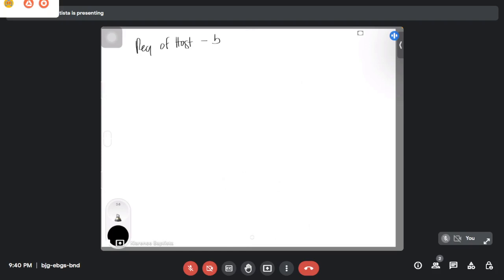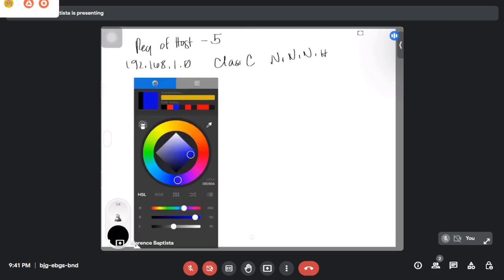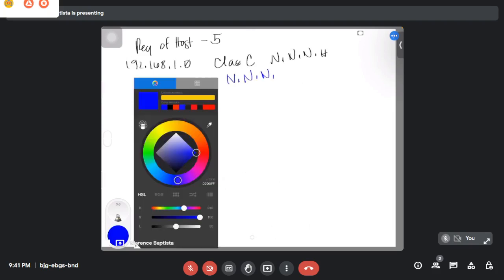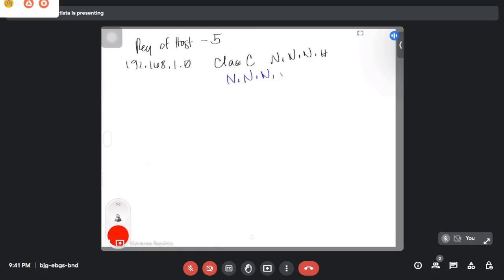So, halimbawa, IP address is 192.168. Same na lang din, .1.0. So, dito, this is class C, which is network.network.network.host. So, kung i-binary po natin yan, shortcut na lang, network.network.network. 1, 2, 3, 4, 5, 6, 7, 8.